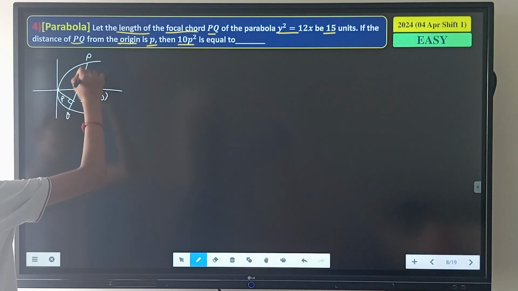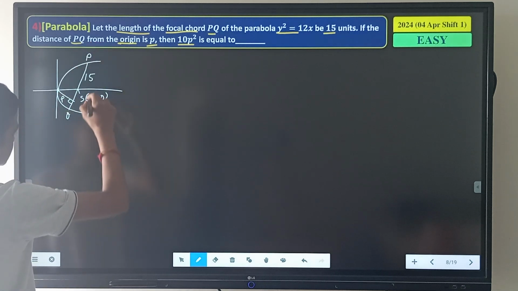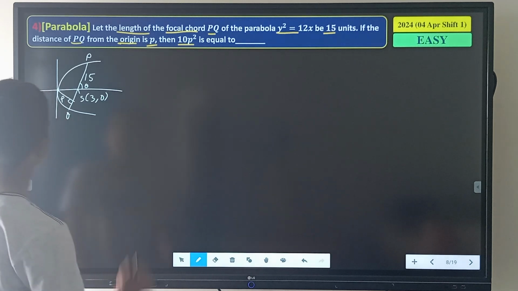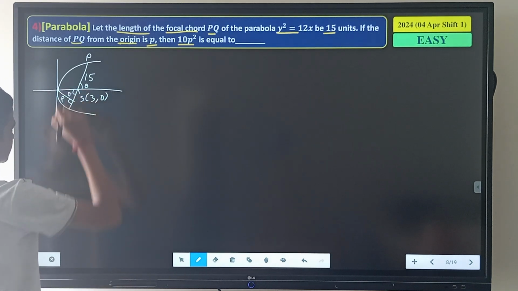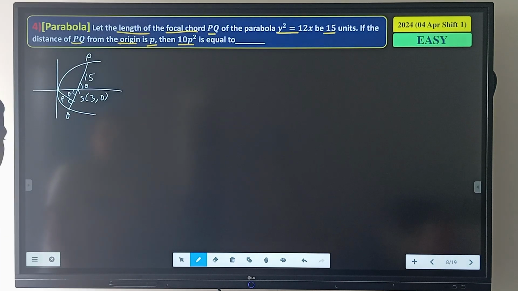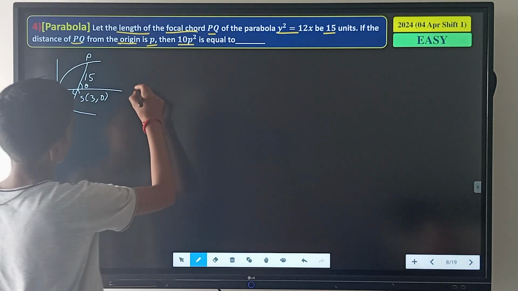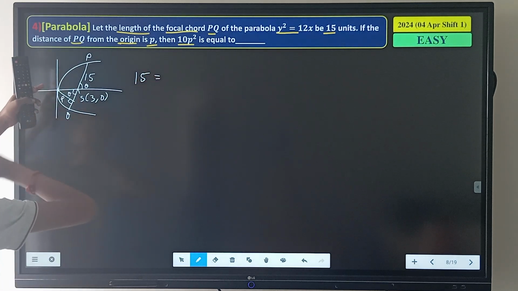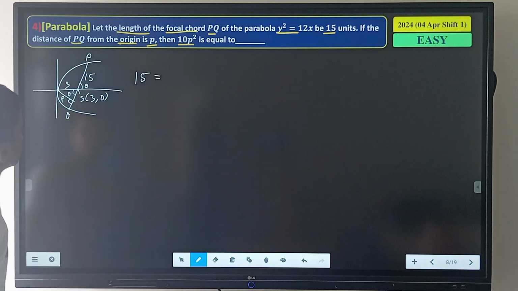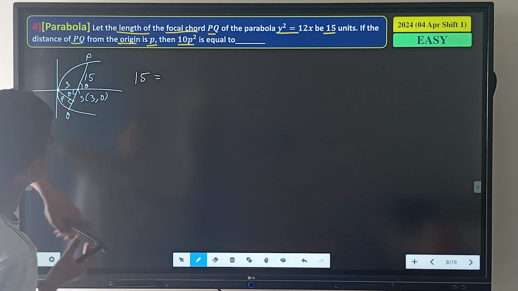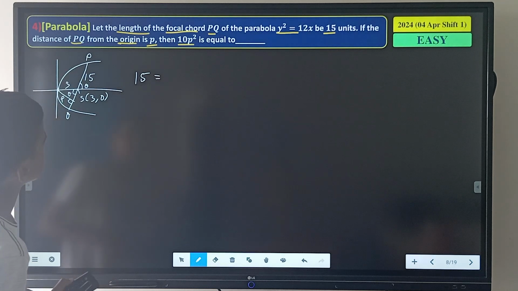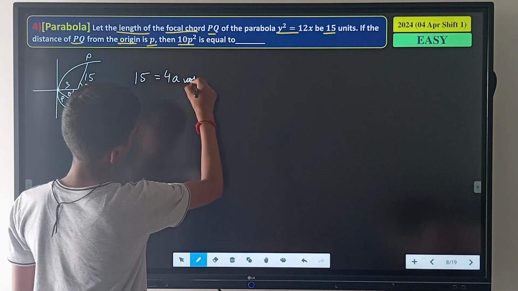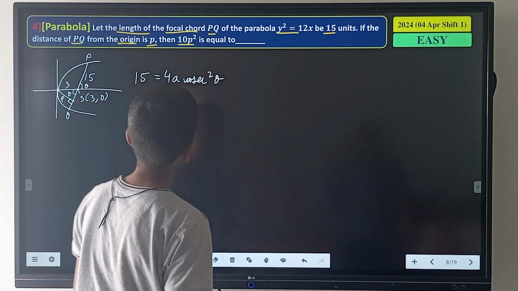So let's say that the angle of the focal chord from the x-axis is theta. Then this angle will also be equal to theta. So from here we can say that our 15 is equal to, now the distance between origin and the focus is 3, so our 15, which is the length of focal chord, is equal to 4a over sine square theta.